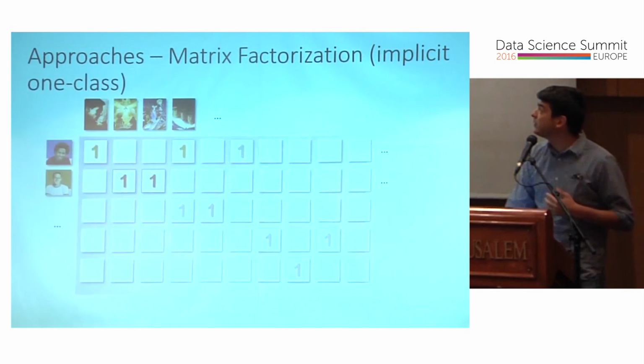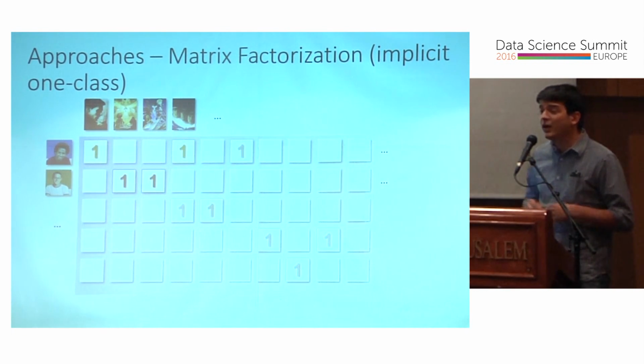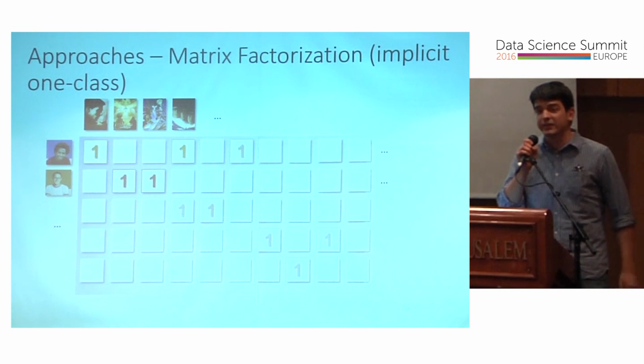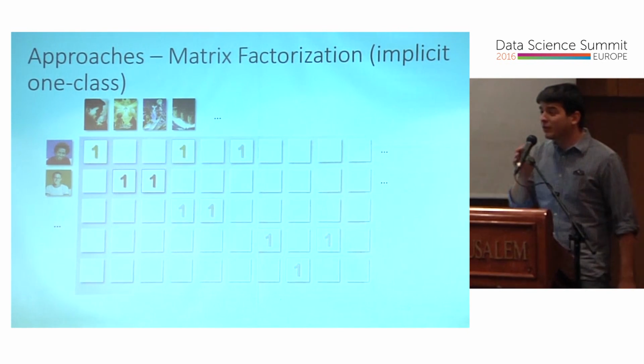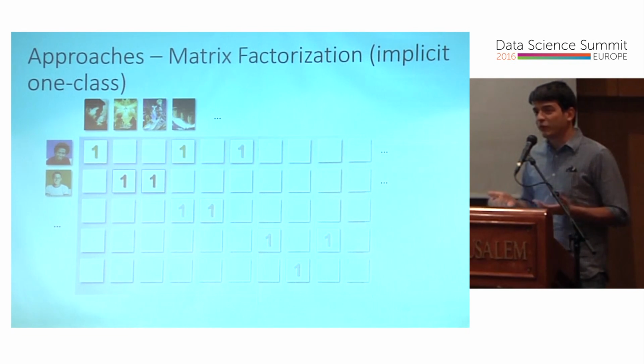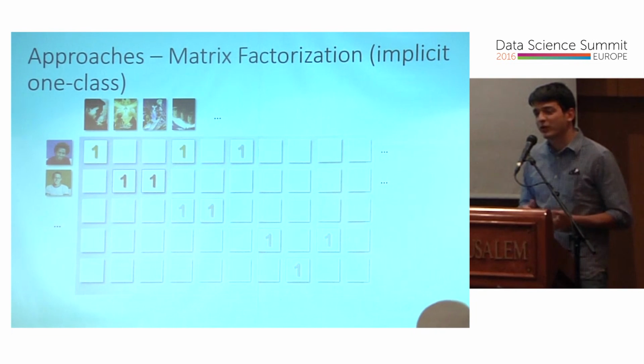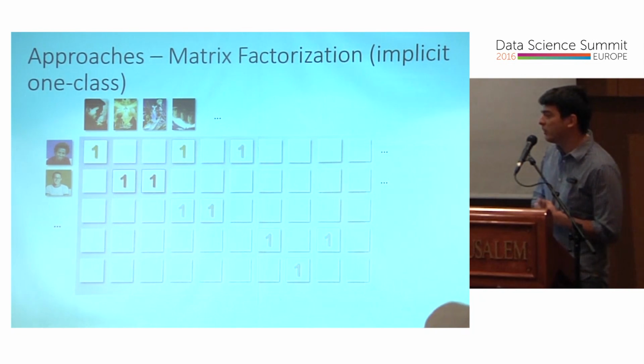The problem is, in most industrial applications, we have the so-called implicit one-class data. The user doesn't explicitly tell us, I like this movie a 5 or a 1, but rather, he will watch the movie or not watch the movie, and that's the only signal we get. And this is, of course, relevant across many domains. Users click or not click on a news story, or consume or not consume a game, and so forth.